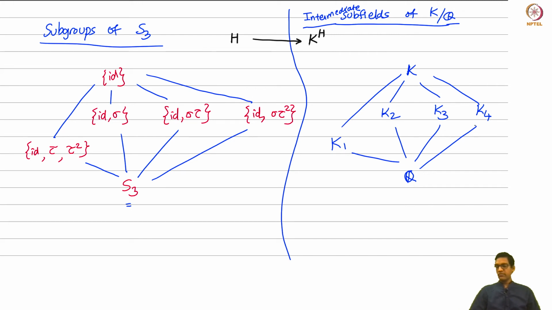I should be able to find subfields like this which have the same inclusion relations. Recall this is an inclusion reversing bijection between these two sets. So the question is, what are these K1, K2, K3 and K4? Let's try and figure them out. They are the fixed fields.